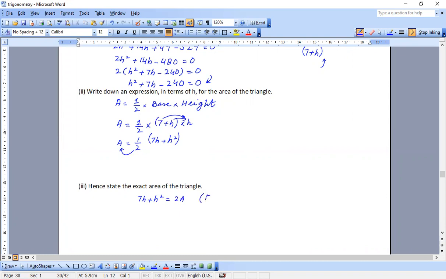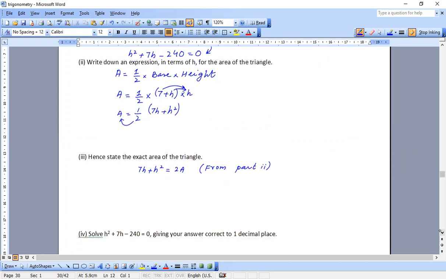This is from part 2. Then if I look at the equation which I got in the first part, that said h square plus 7h minus 240 equal to 0, I can arrange this equation and write h square plus 7h is equal to 240. This is from part 1.